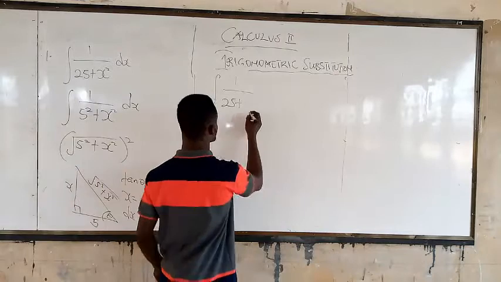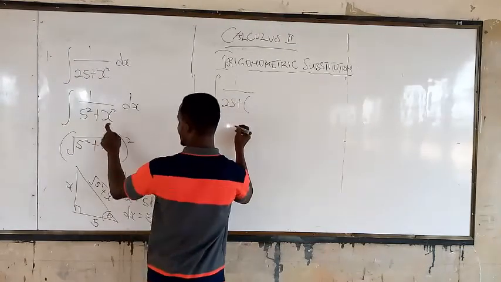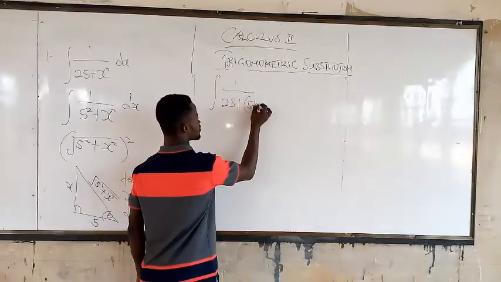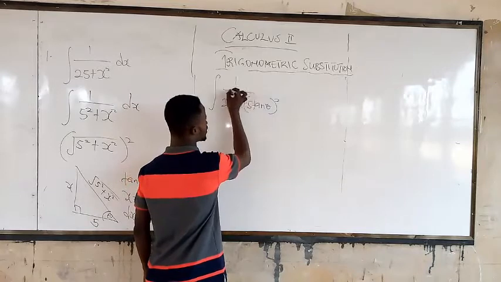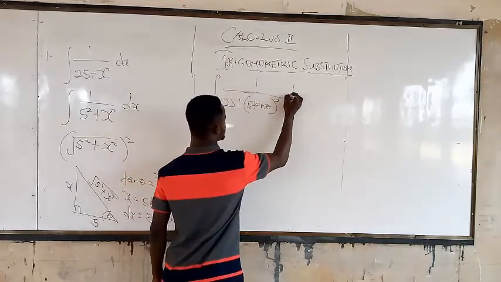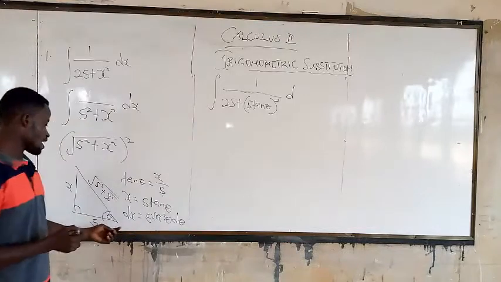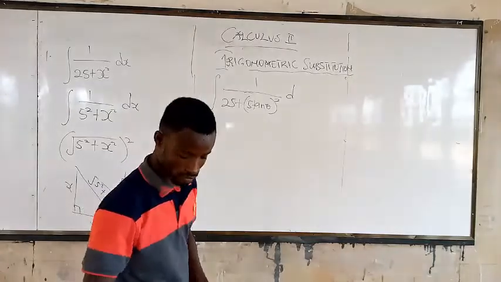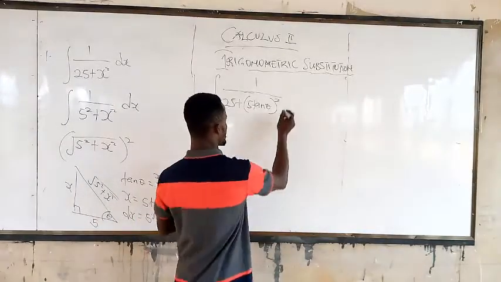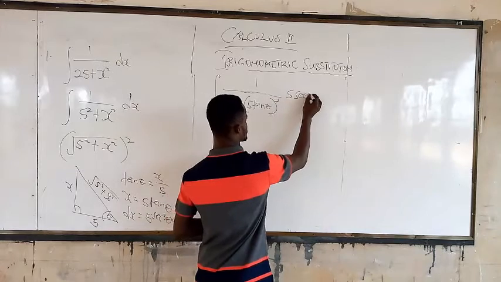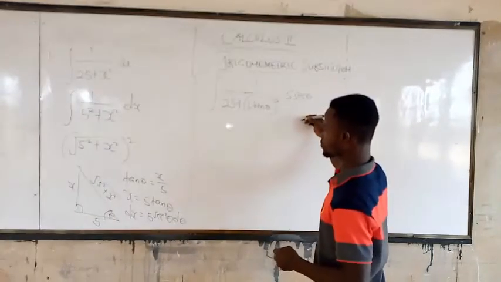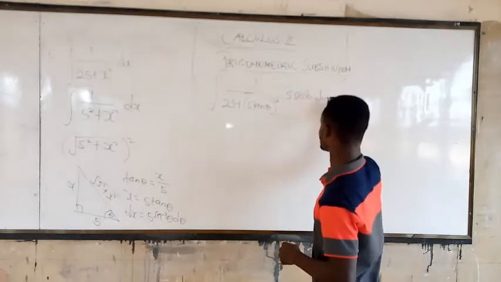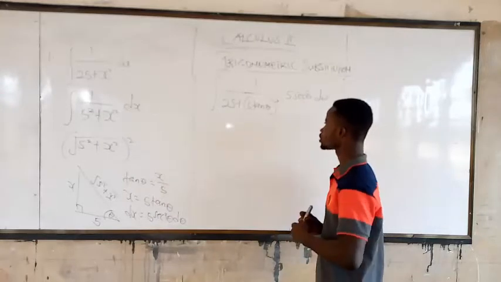So here we get, s is 5 tan theta, so 5 tan theta all squared. And ds is 5 sec squared theta d theta. So here we go.